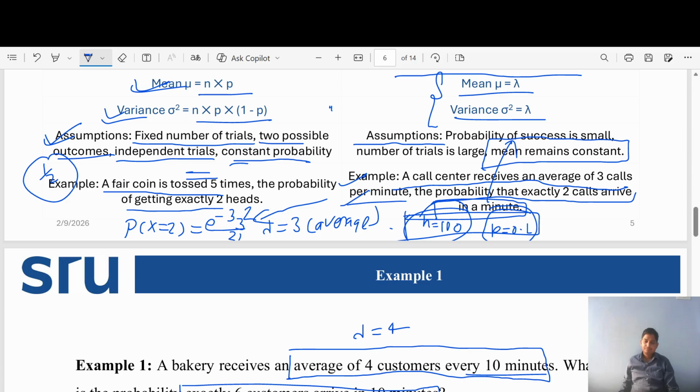Okay, so lambda is 4 given, X denotes the number of customers that arrive. So what is the probability that 6 customers arrive? If X is equal to 6, then what is the probability?